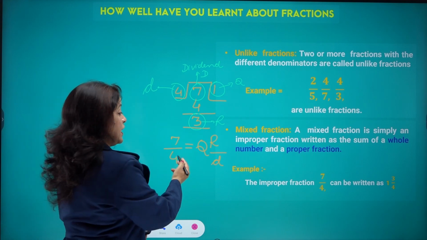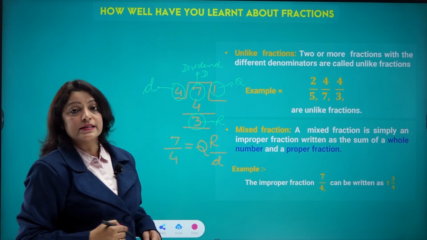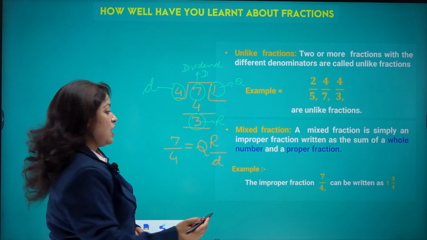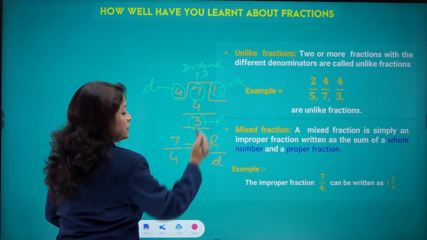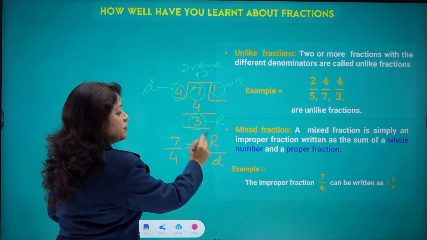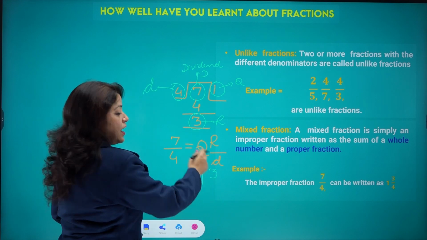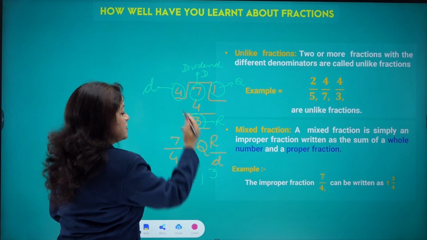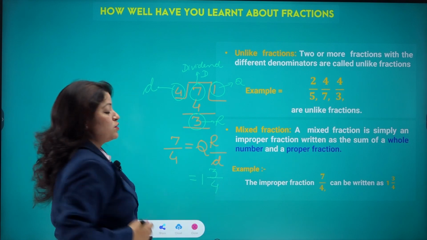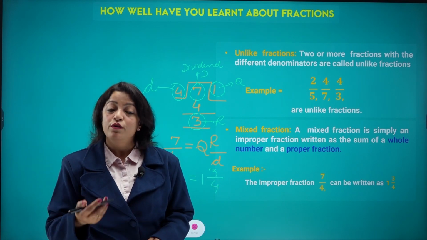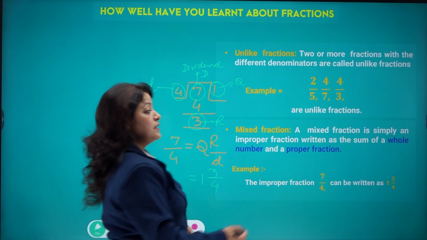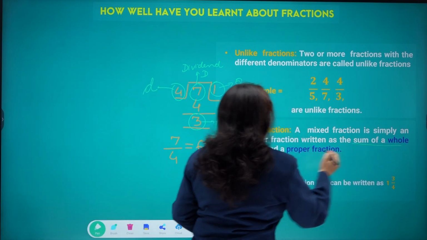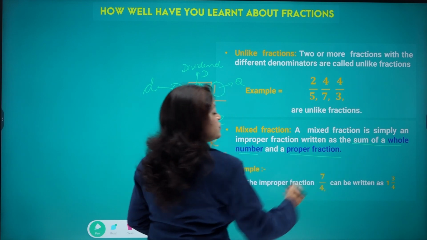So if I write 7 upon 4 as a mixed fraction, how will I write it? I'll write first the quotient, that is 1, then the remainder, that is 3, and then the divisor, that is the number 4. So one whole number, 3 over 4. Now, what do you mean by this? That it is written as a sum of a whole number and a proper fraction.